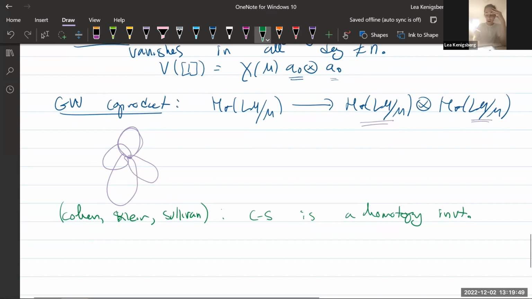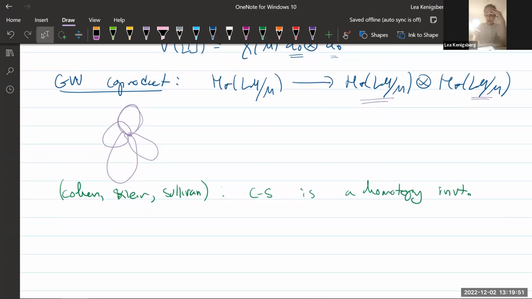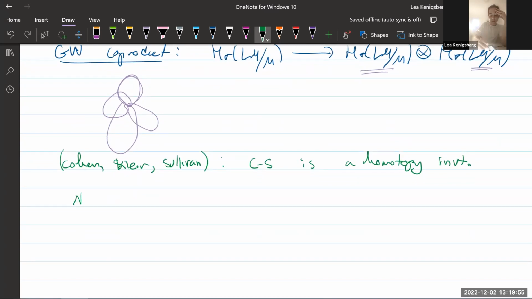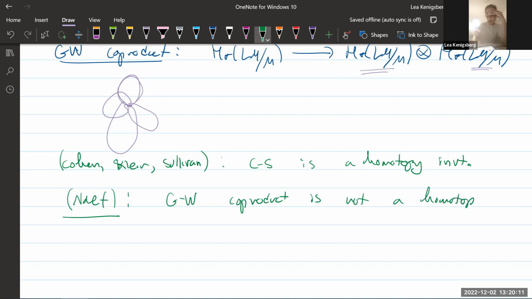So for a while, people thought that this would also be true for the Goresky-Hingston coproduct, but a recent computation by Naef and Rivera shows that this is not the case. So the Goresky-Hingston coproduct is not a homotopy invariant.